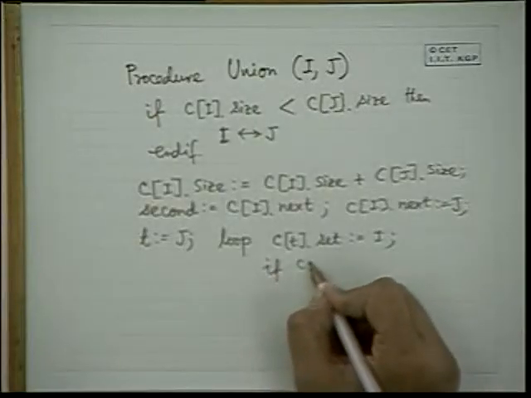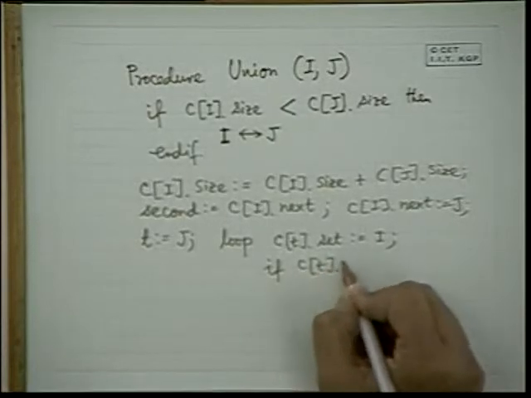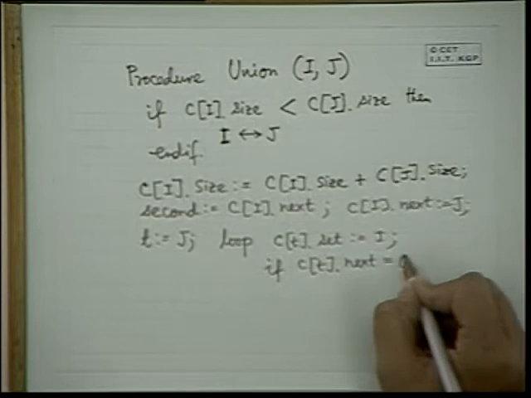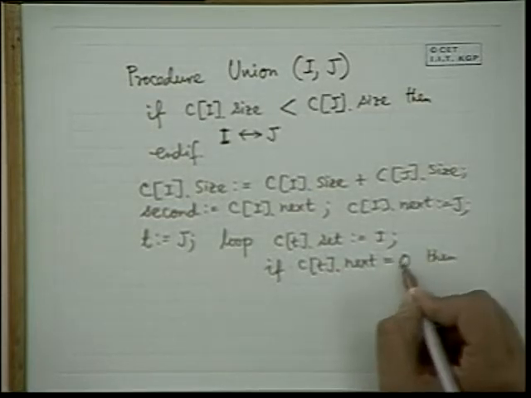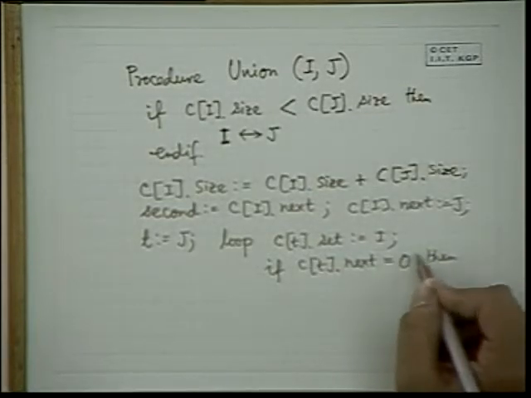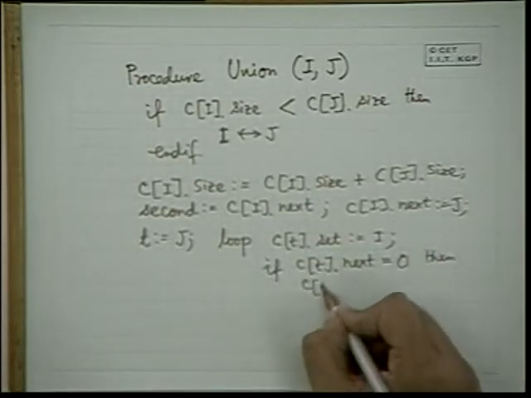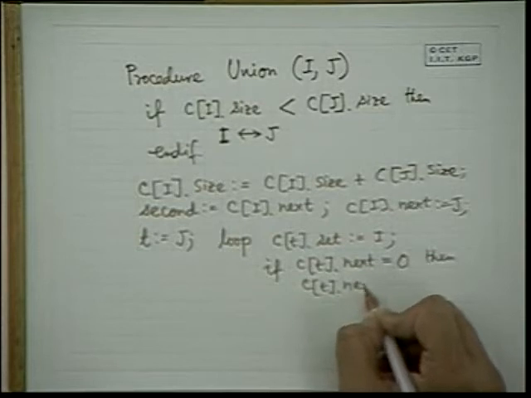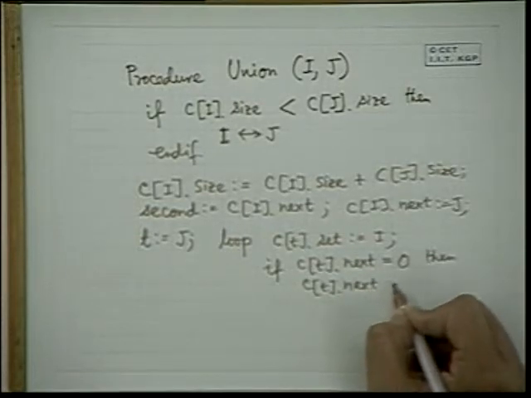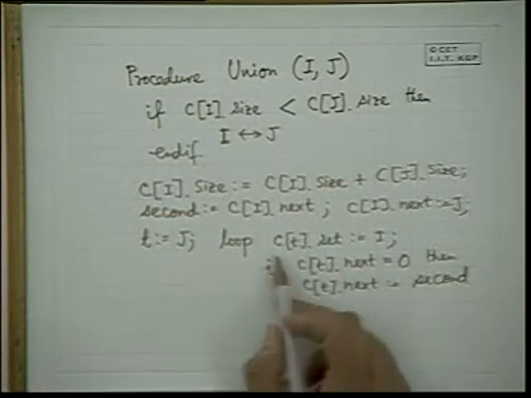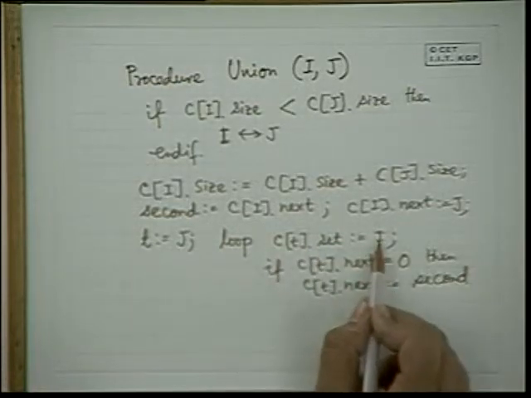If Ct.next is equal to 0, where 0 means null, the pointer is null, there is nothing, then Ct.next equal to second. So that is the last element in the list. For all the other elements you put the value i.